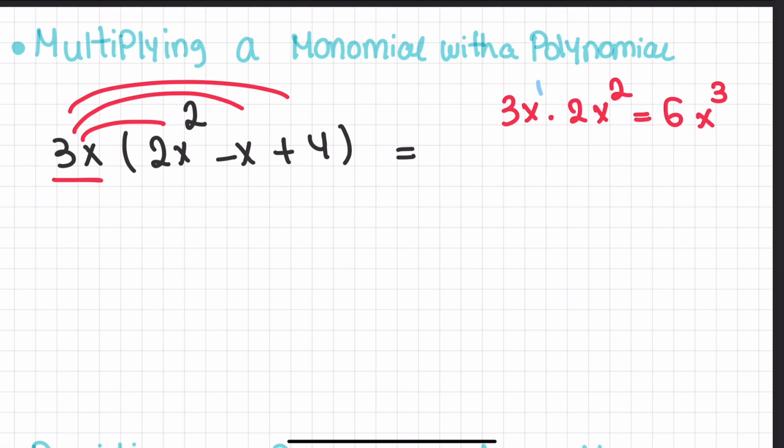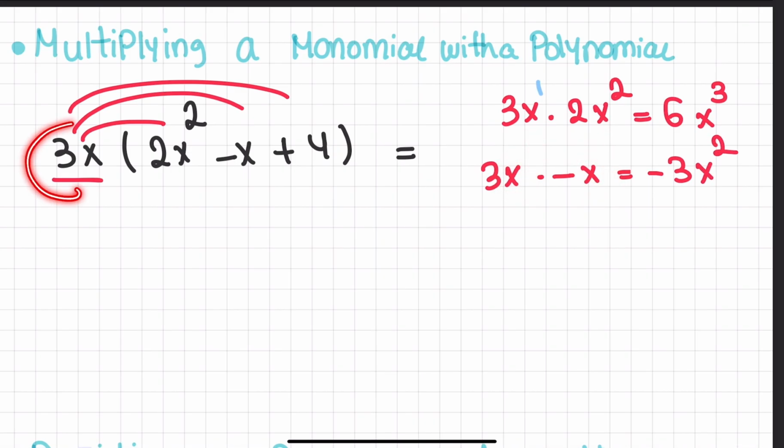Then I have 3x times minus x. So this is actually a hidden 1 here. It's going to be 3 times negative 1, which is going to be minus 3. And x to the power of 1 times x to the power of 1, which is going to be x squared.